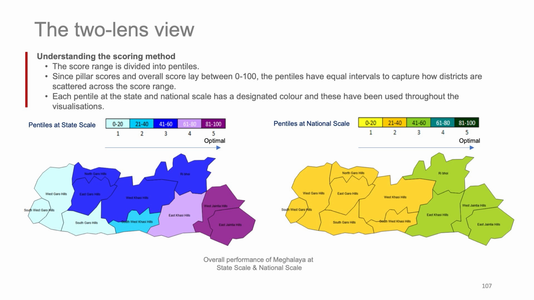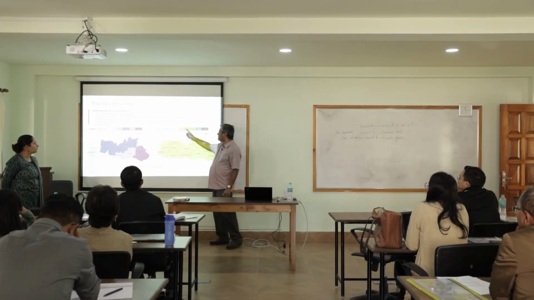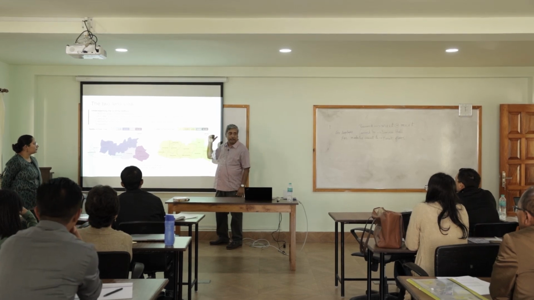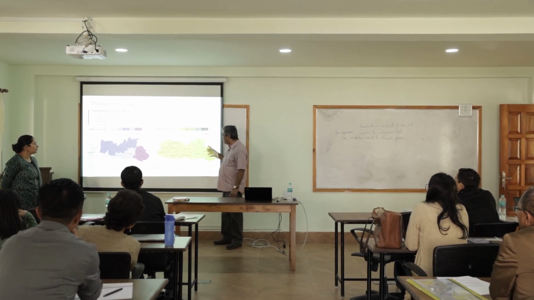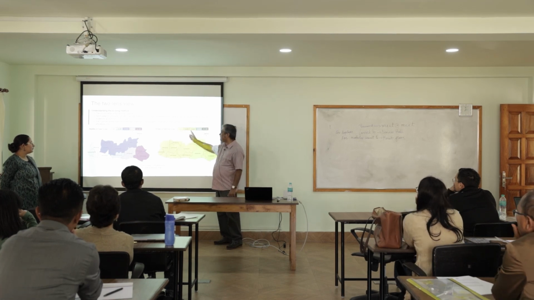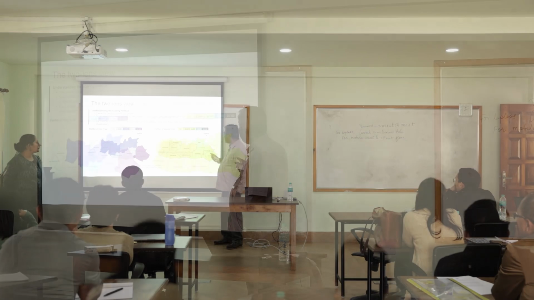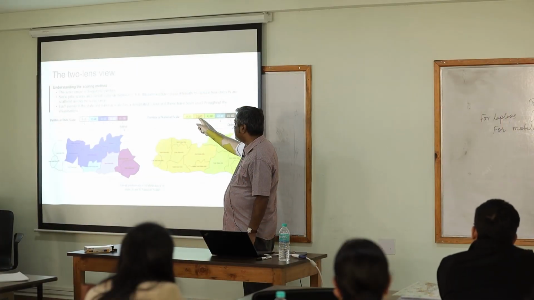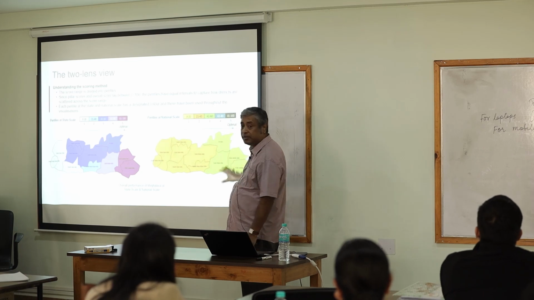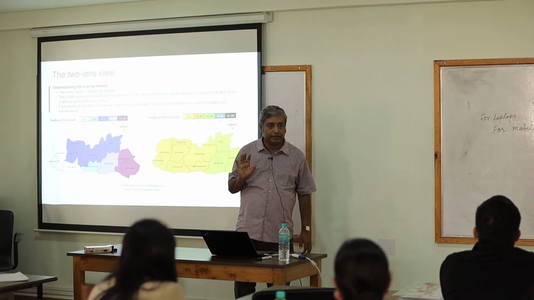If you've scored 81 to 100, it's this color, 61 to 80 is this color, green is this color, orange is this. So, this is bad, this is good. This is low rank, this is bad rank, high rank, right? Here, it wasn't very bad, it was right here. Some of the districts on the eastern side were here, then the districts on the western side were here. So, at an all India level, this is the picture based on the all India scale, right?